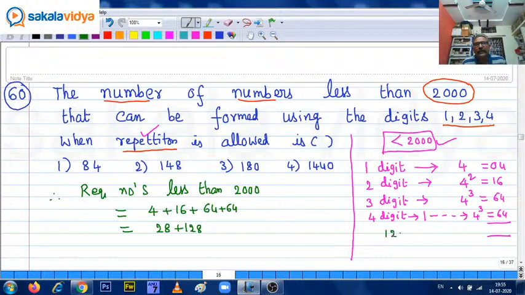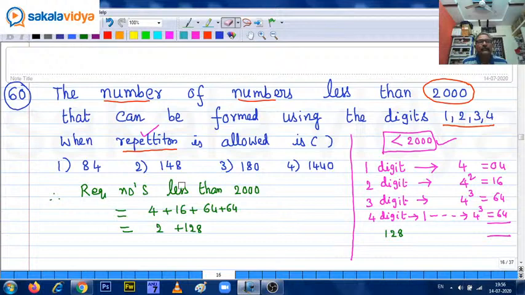Now 128 plus 28. Right, something I made a mistake here. Now I need to check. Option 2 is okay. This is 4, 4 square is 16, 4 cube is 64, 64. Okay, this will be 20. Sorry, I made a mistake here.